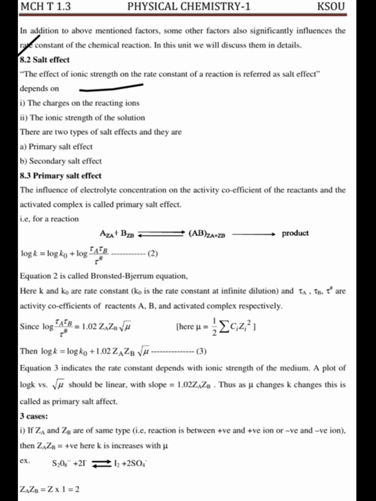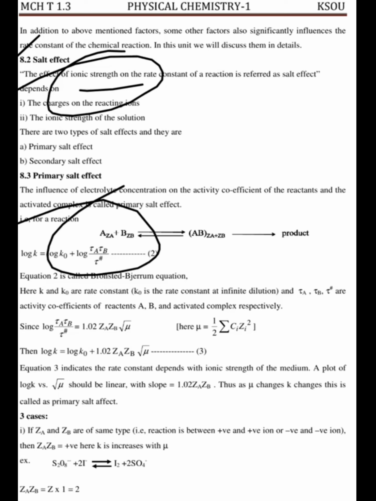What does the ionic strength say here? The ionic strength of each reactant depends on the reaction, so it also depends on the completion or rate of the reaction.